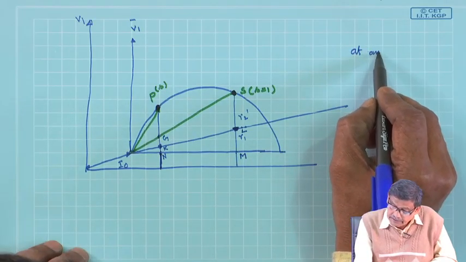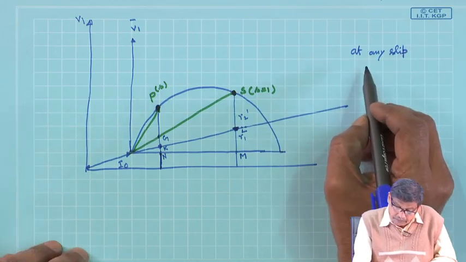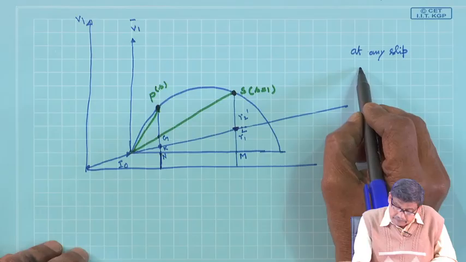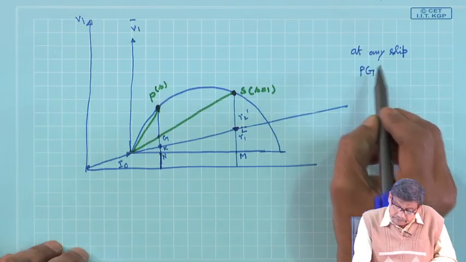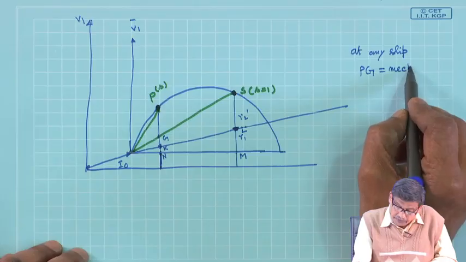So, at any slip, mind you, P g is the mechanical power output.